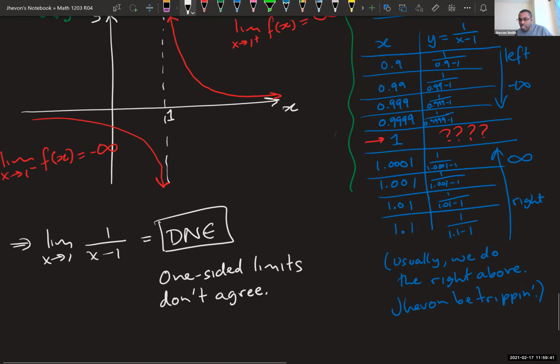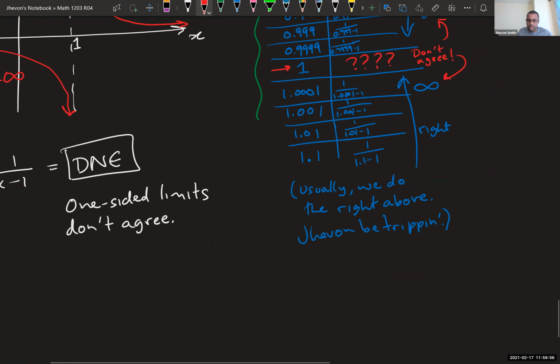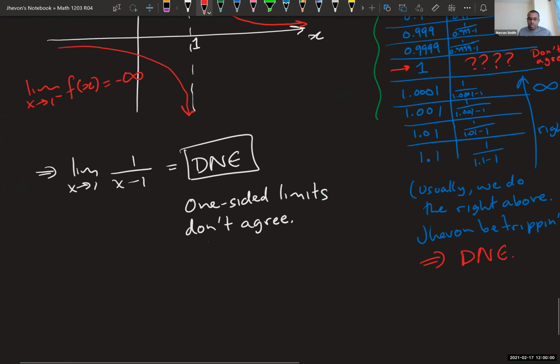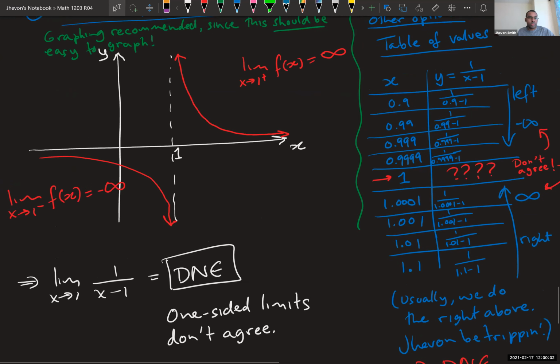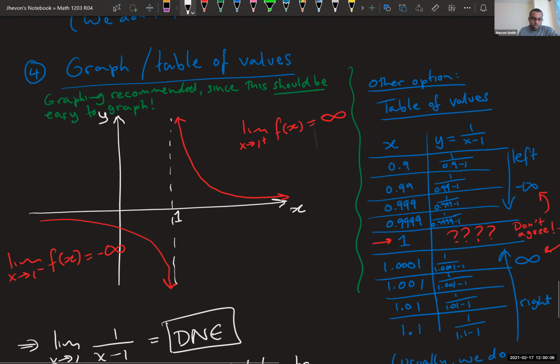The fact that these don't agree is what tells you D and E does not exist. Okay, so that's how that one would go.